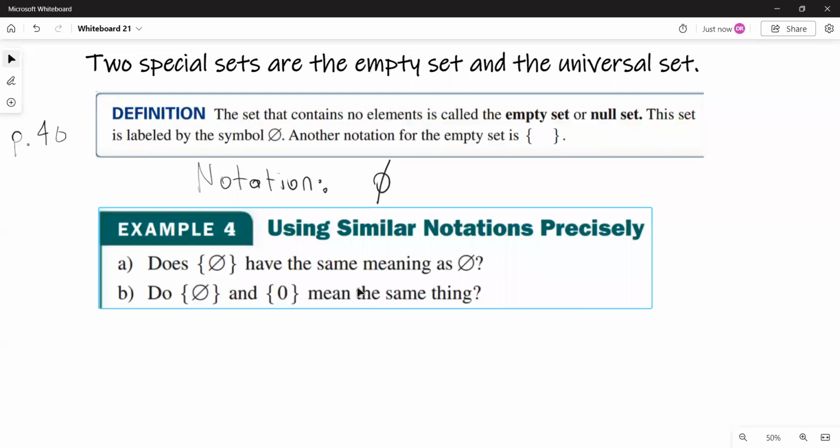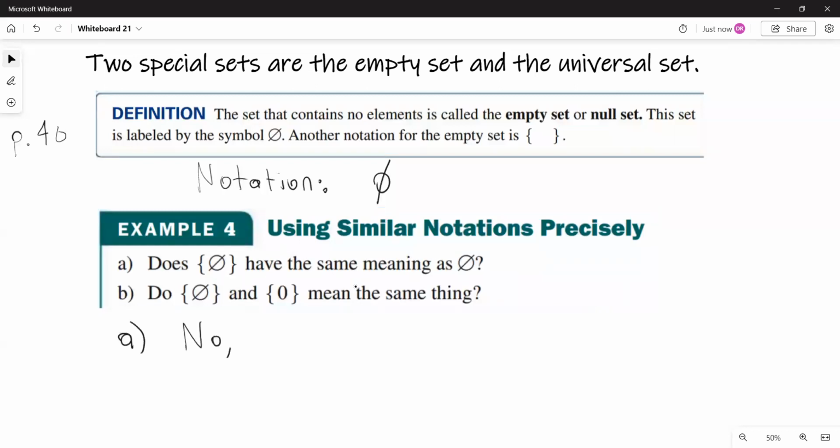Okay, so first set. Do they mean the same thing? The answer is no, because the set containing the empty set is no longer empty. And B: do the set containing the empty set and the set containing 0 mean the same thing?